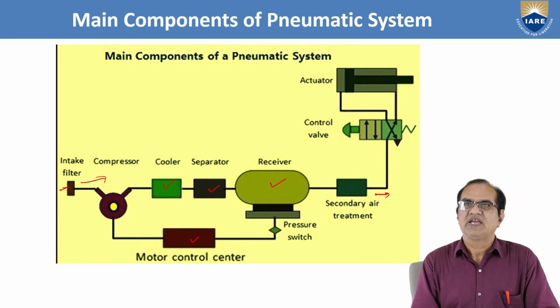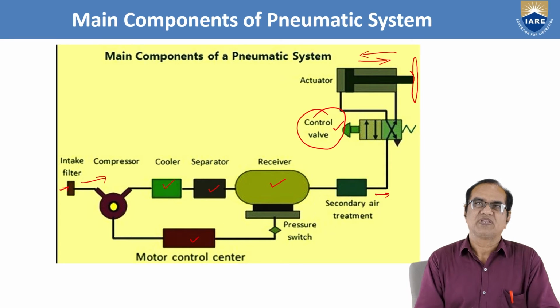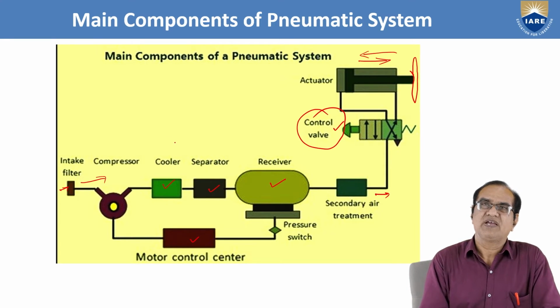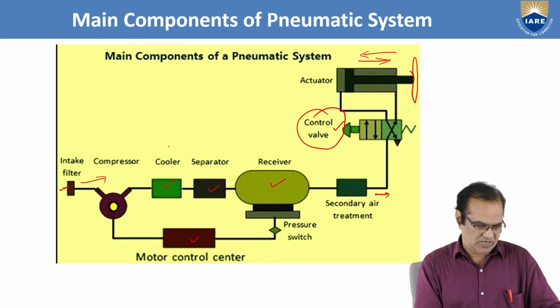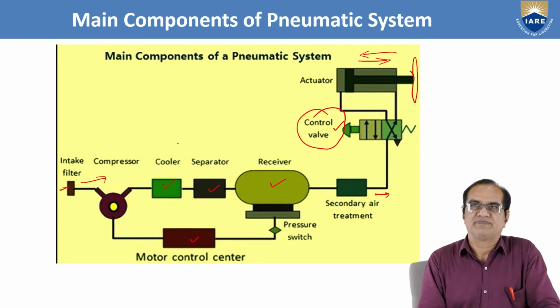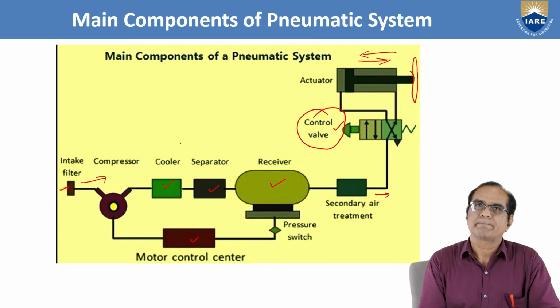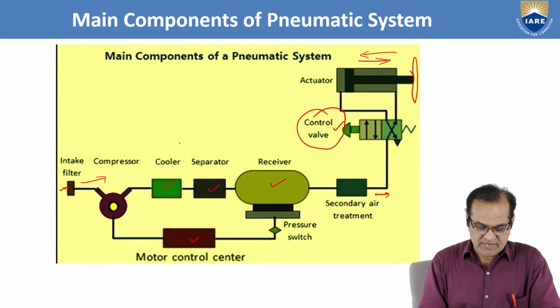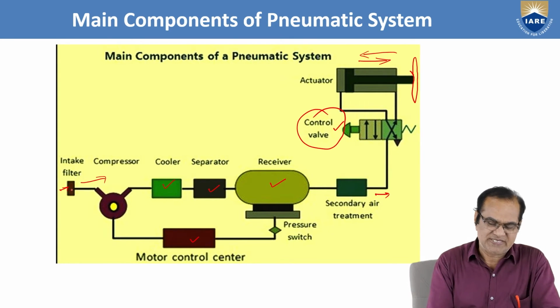Then it is a control valve and then goes to the actuator, and here we are putting the controls and any operating, and it will move like this or like this as per the direction of the control valve. So these are a few very important controls which are used for this system. Here, you see that it is a general type of pneumatic system.